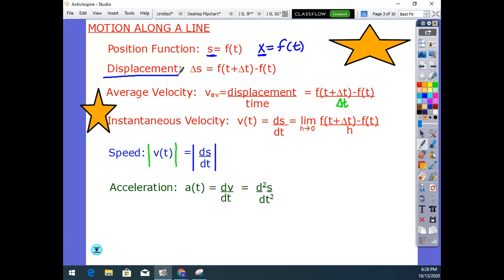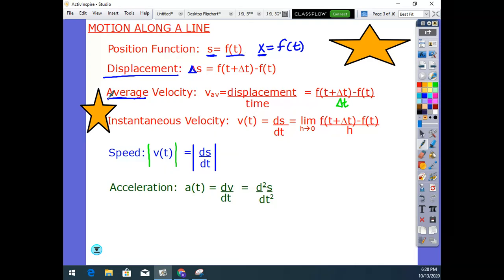Displacement, the change in S, the change in your function. And this is going to be where if you were in class, it'll be easier. So I need to point this one out when we're back together again.